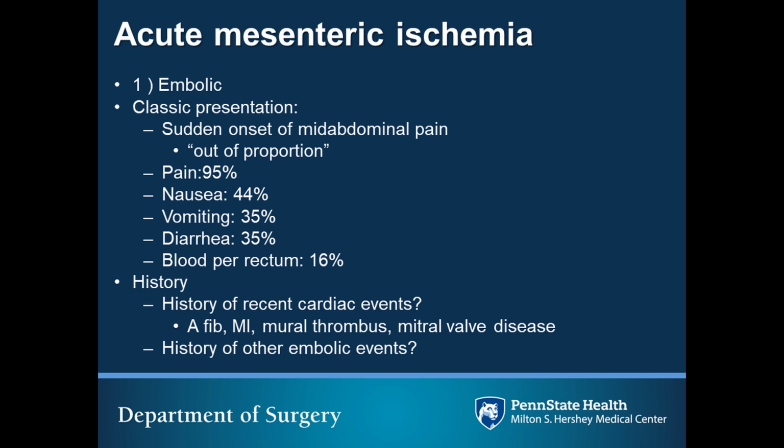When eliciting a history in these patients, it's important to look for risk factors that would cause any type of embolic event, including atrial fibrillation, a recent myocardial infarction, a mural thrombus, or mitral valve disease. You can also ask the patient if they've had a previous history of other embolic events, including myocardial infarction or limb ischemia.